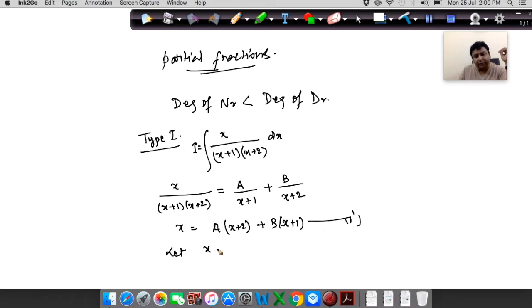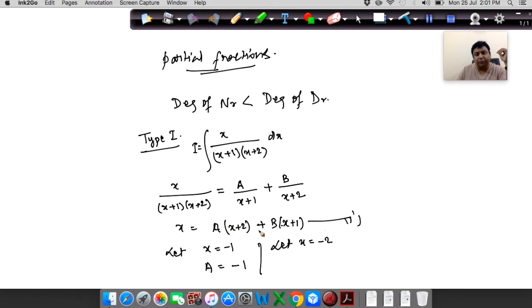So let's put x equal to minus 1. Like I make this 0. x plus 1 will be 0 when x is minus 1. So this whole factor goes. And we get a. By putting minus 1 we get minus 1 here also. So we get a as minus 1. Now let's take x equal to minus 2.